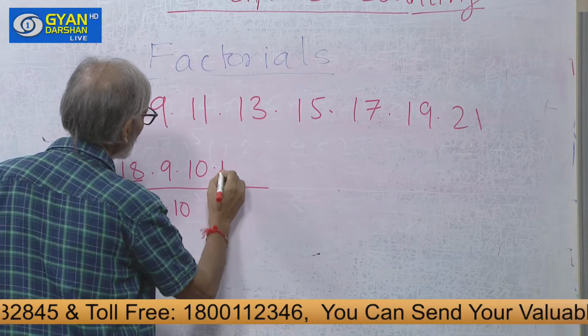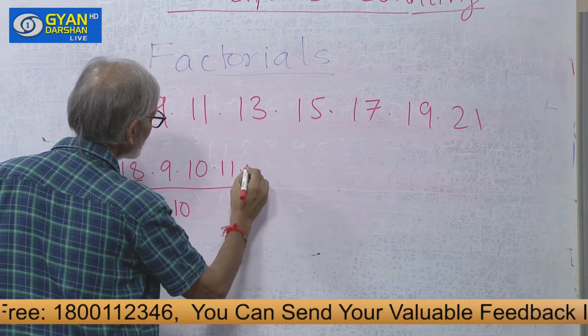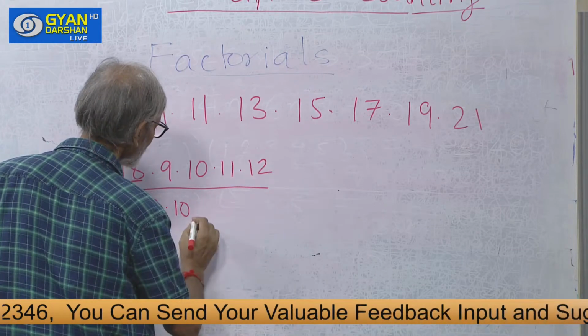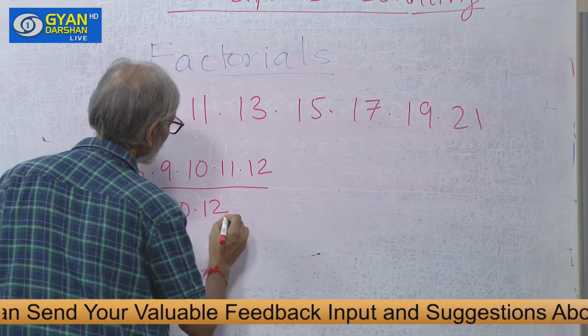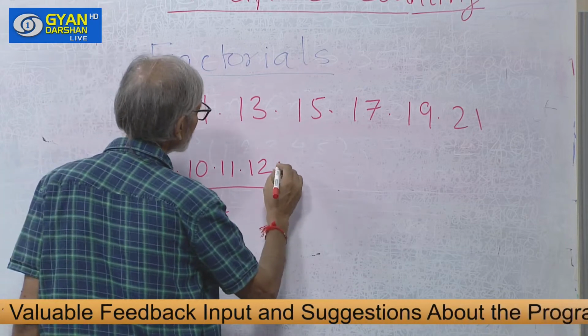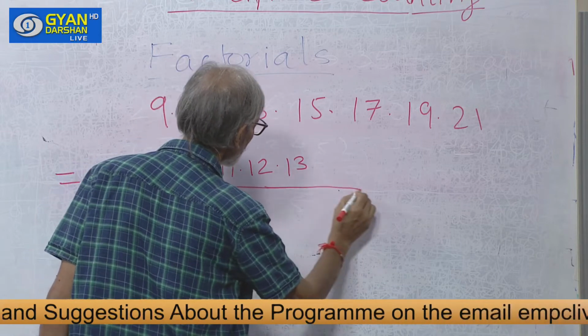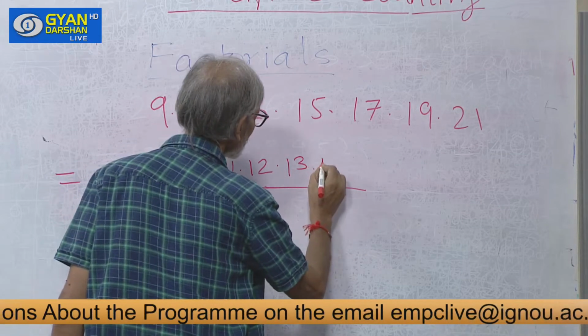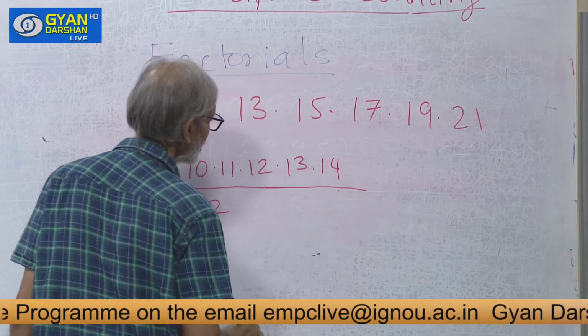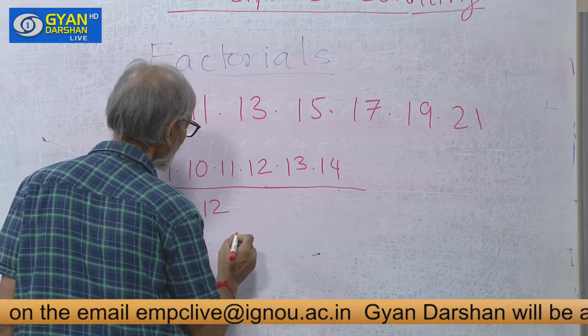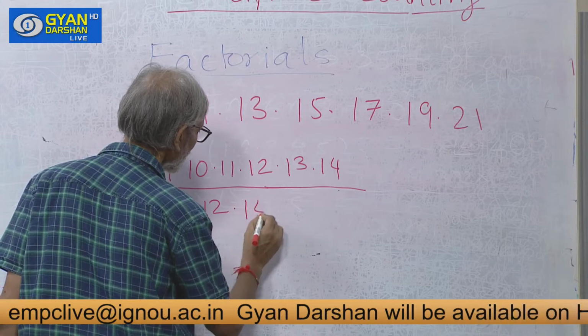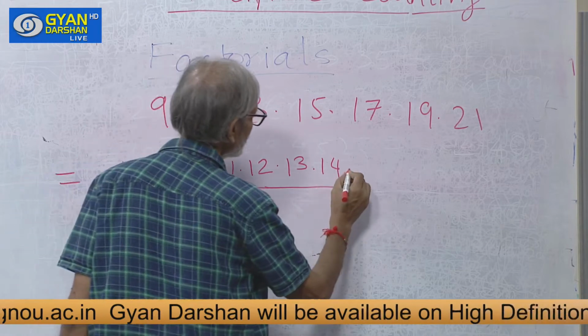here 11 will come, but 12 is not there. So, I will multiply it by 12, and here 12 will come. Again 13 is there, but 14 is not there. So, I will multiply here in the denominator by 14. So, in the numerator also I will multiply with 14.